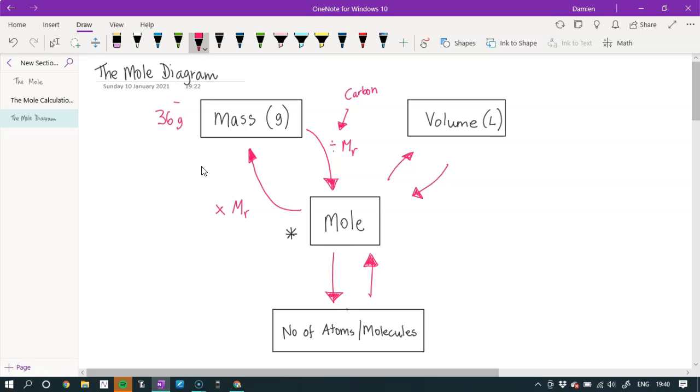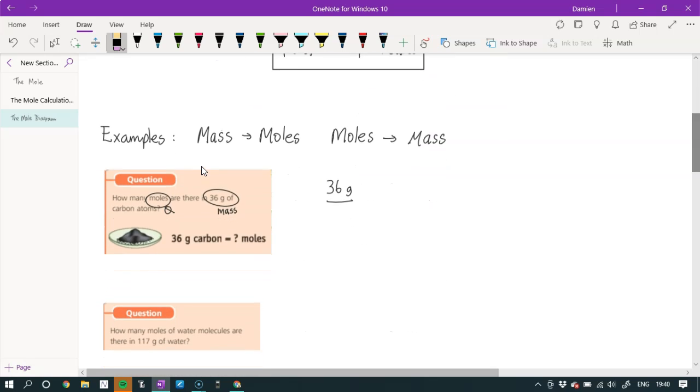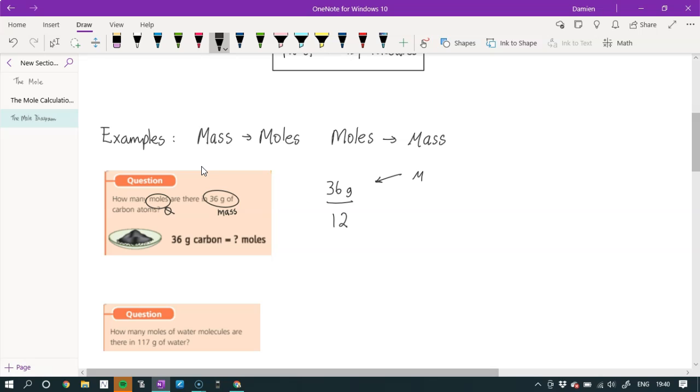So it's going to be 36 grams divided by, and you find the molecular mass of carbon on your periodic table. The way we write that down here is 36 grams divided by 12. Now, that is your mass divided by your molecular weight of carbon.